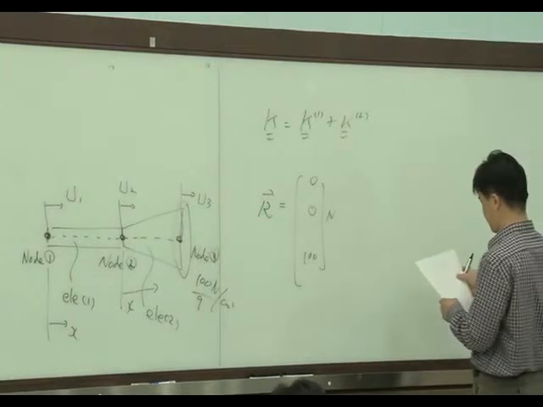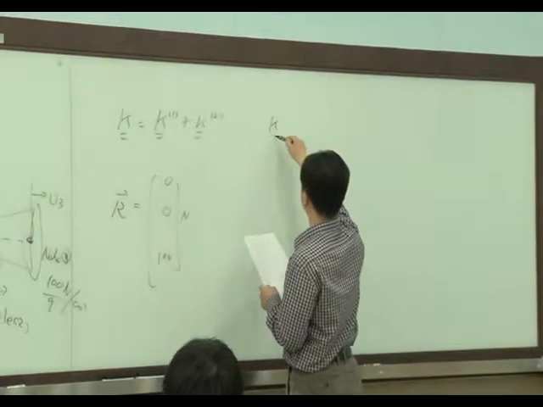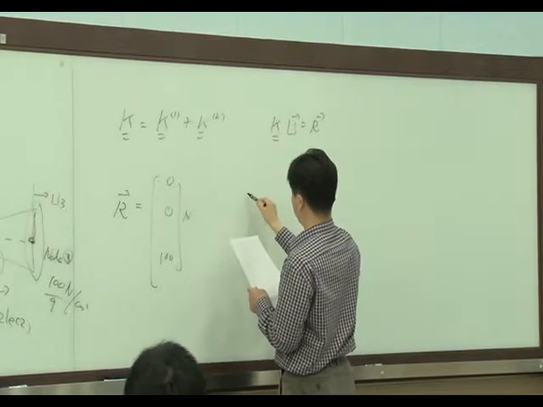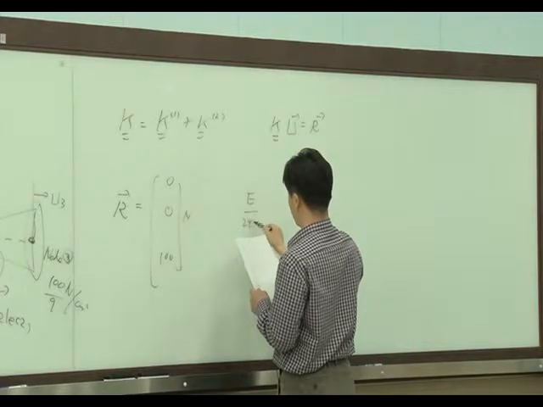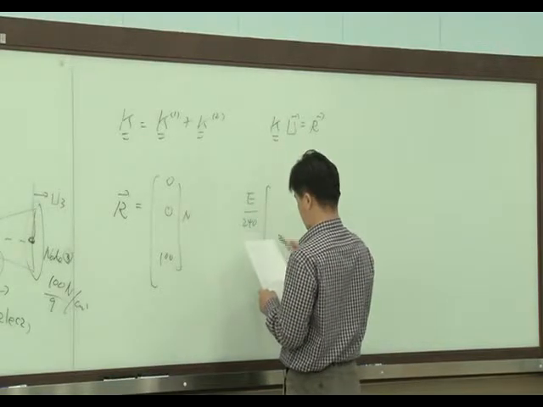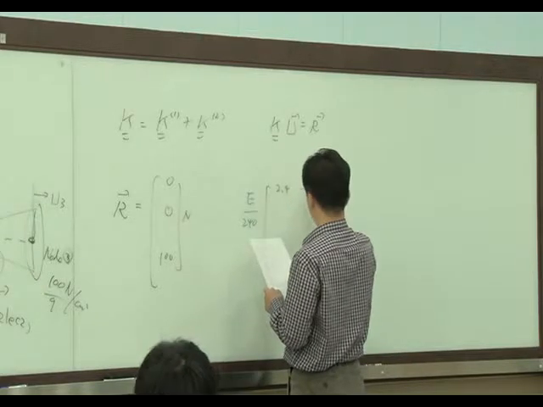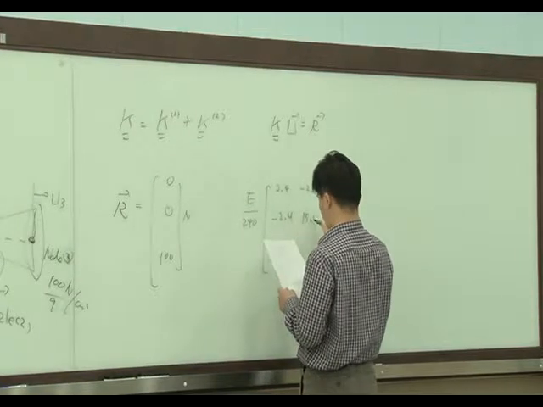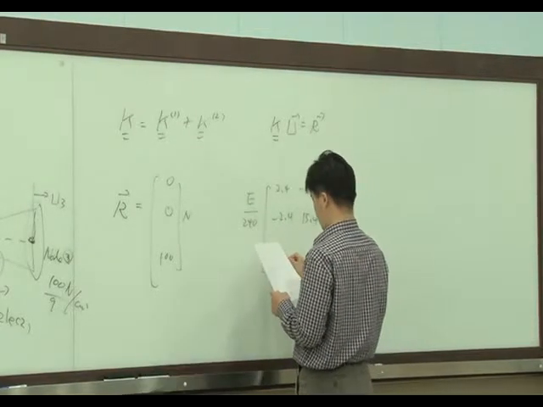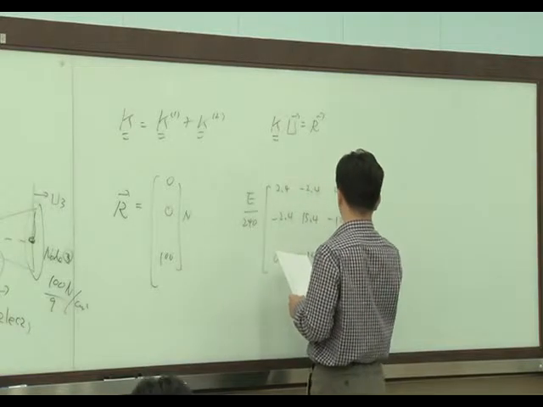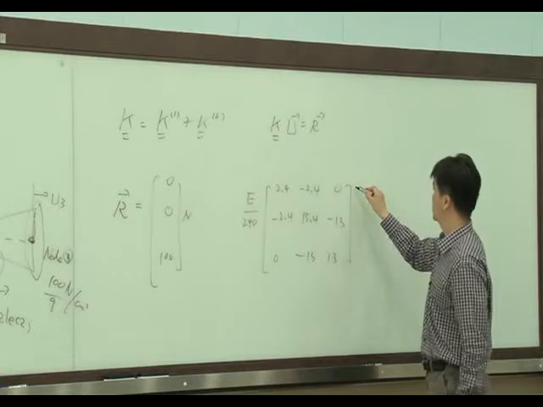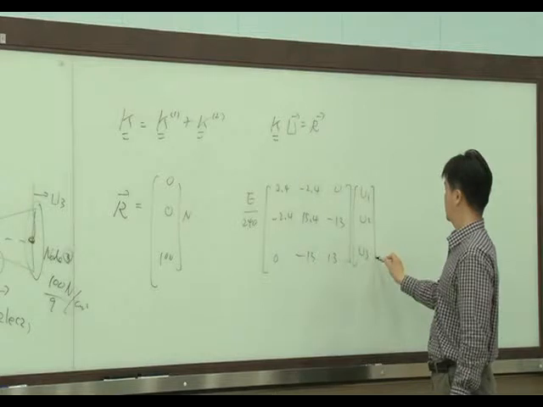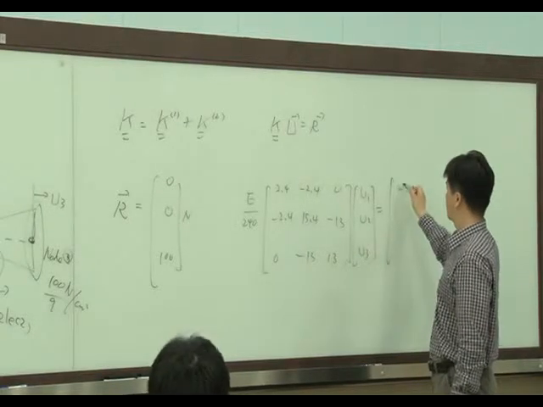So finally we have the system K u equals R. So E times the matrix with 240 and so on, times U1, U2, U3, equals 0, 0, 100.